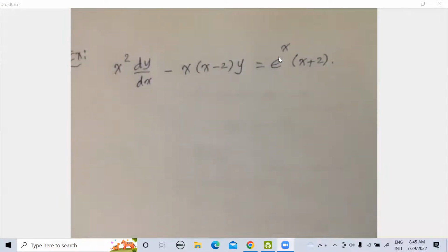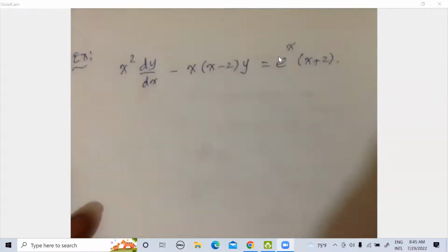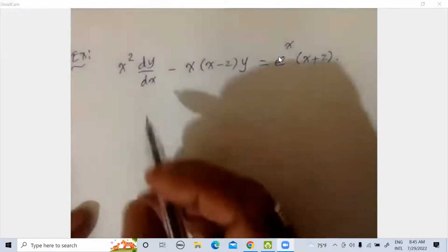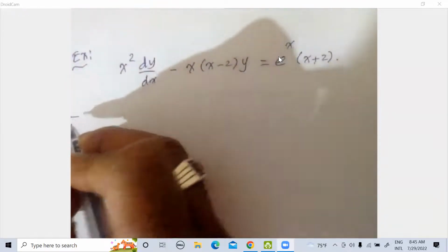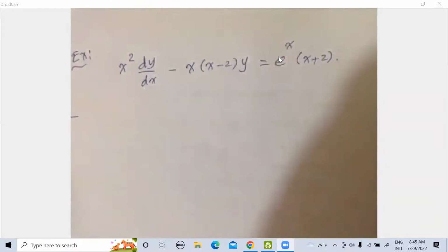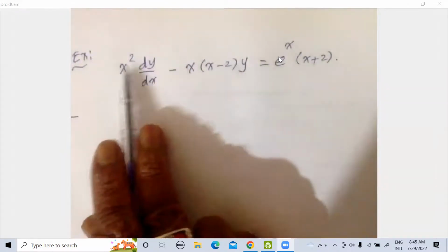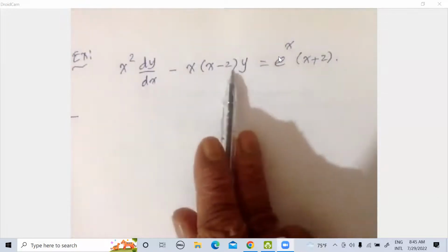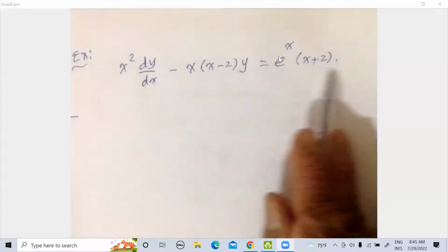This is also an equation which can be turned into a linear first order equation. The standard form is dy over dx plus a function of x times y equals a function of x.